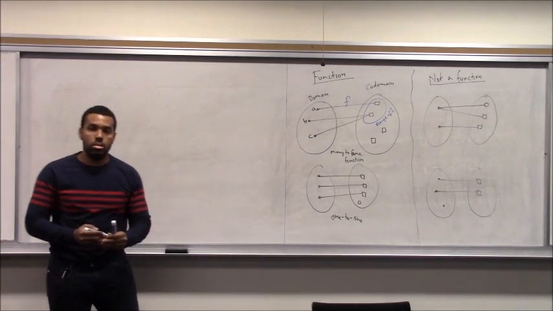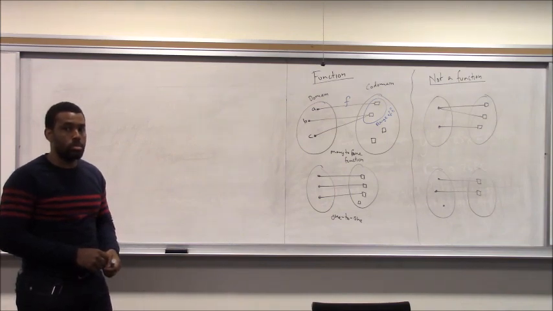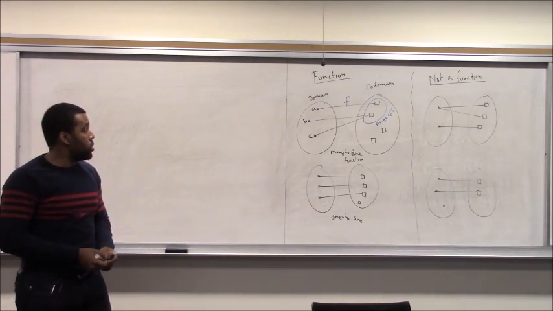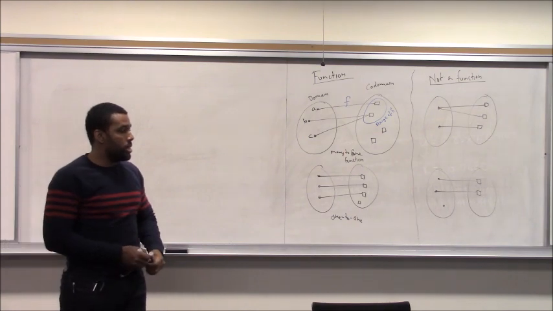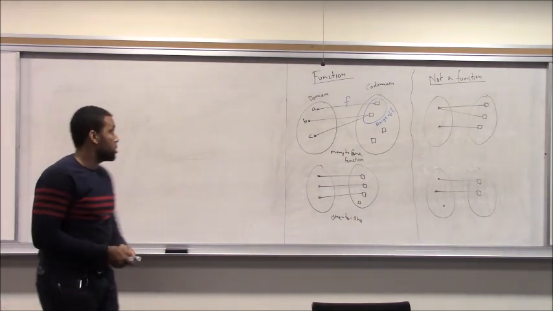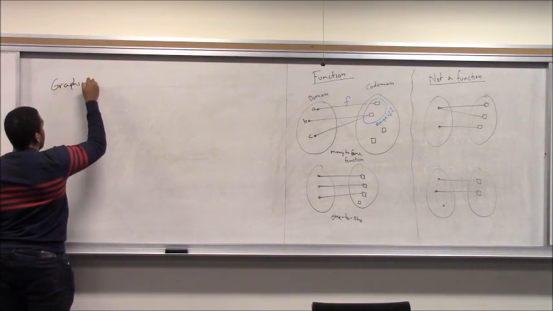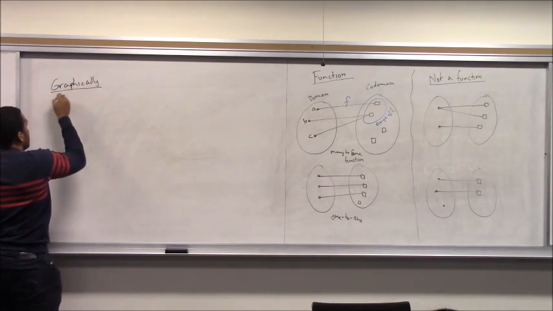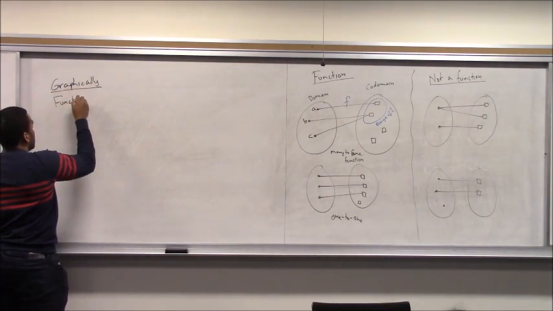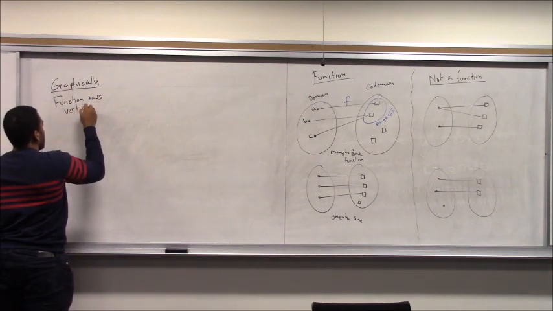This means the x value cannot be doubled, only the y value. Yeah, if you want to talk about it graphically, a function would have to pass what we call the vertical line test. So we're kind of jumping the gun here, but we can talk about it now. Graphically, functions pass what we call the vertical line test.